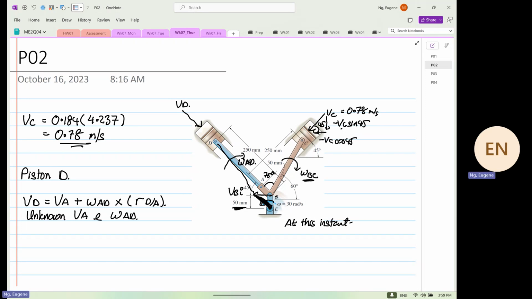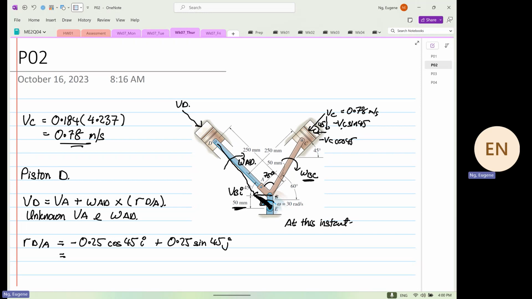So let's deal with RDA first. So point D from point A is going to be 0.25 minus 0.25 cos 45 i plus 0.25 sine 45 j. It's 45 degrees, so it does not matter whether cos or sine, but I don't want to confuse you.